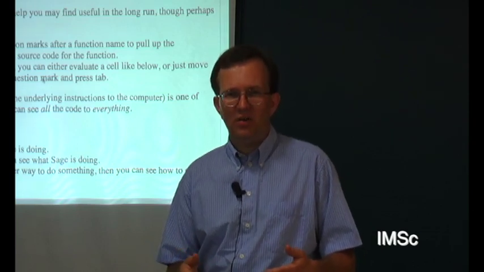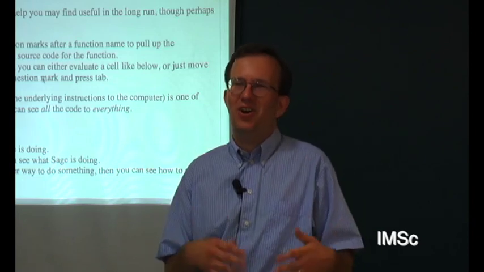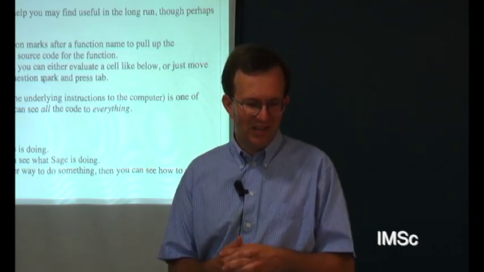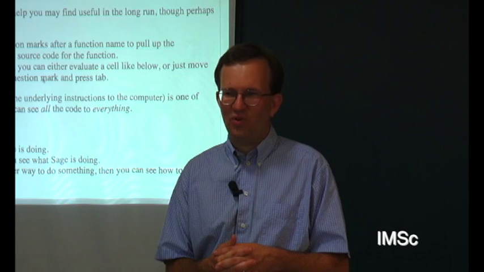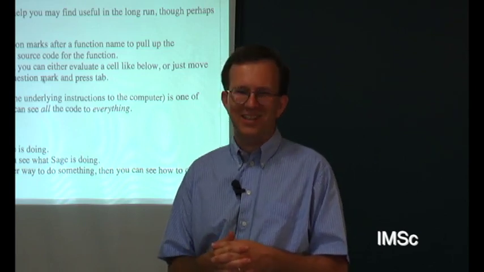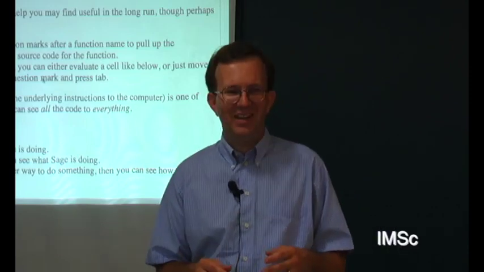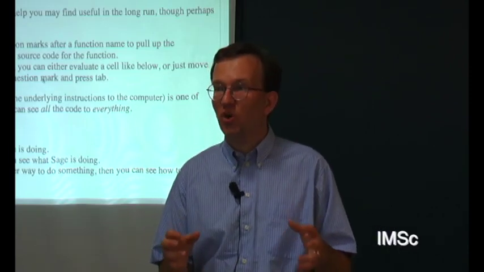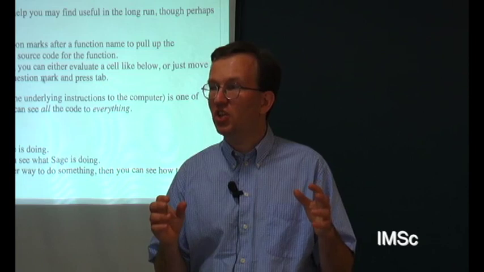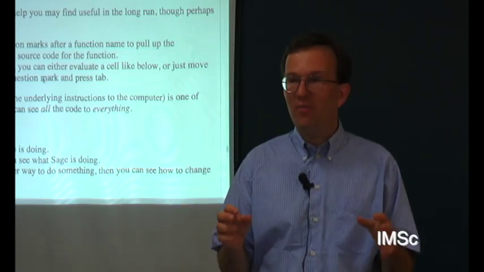Maybe it has all the finite simple groups of Lie type implemented, but it doesn't have the monster group or something, and you want to implement the monster group. Well, then you can look for the source code, the instructions to the computer itself for how to make these things.